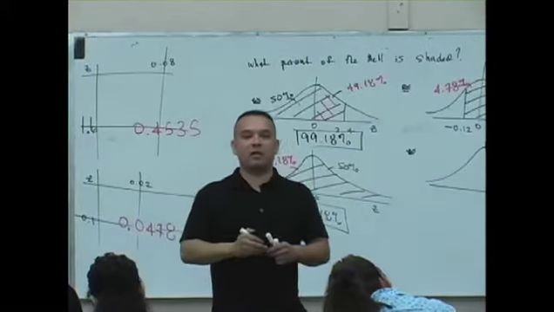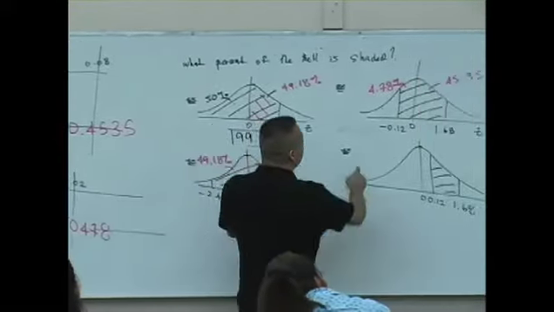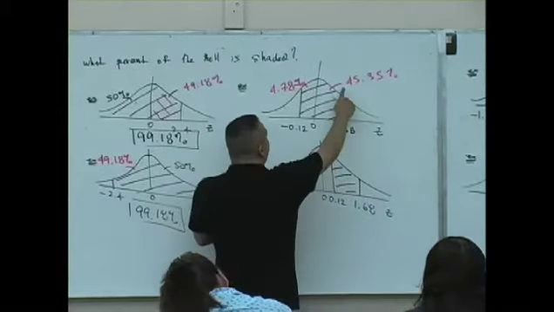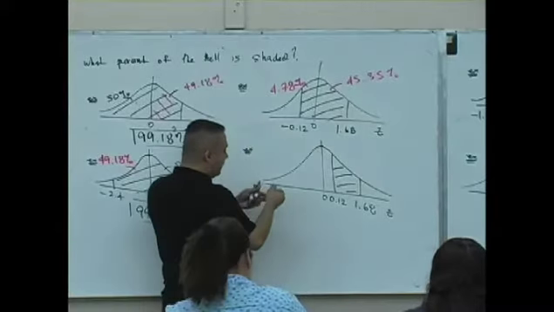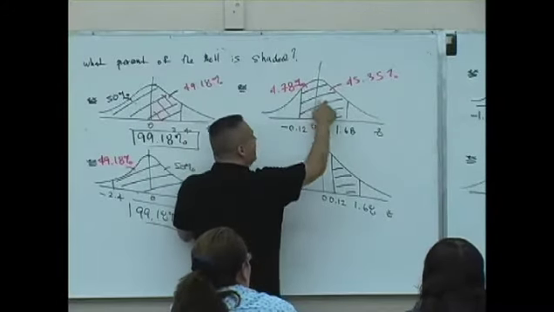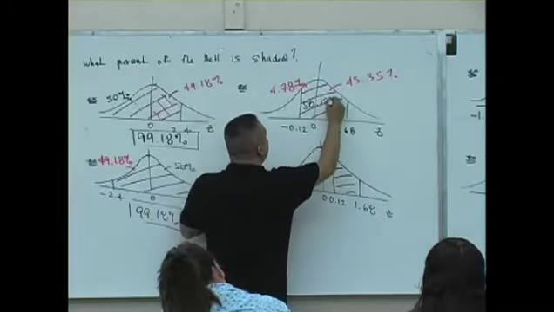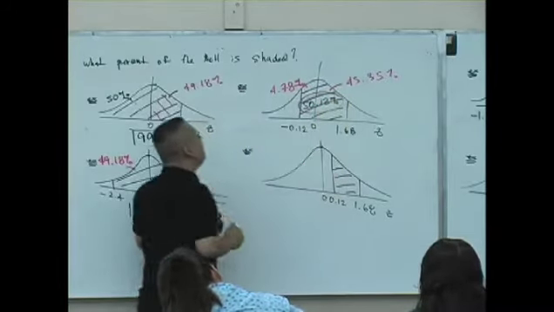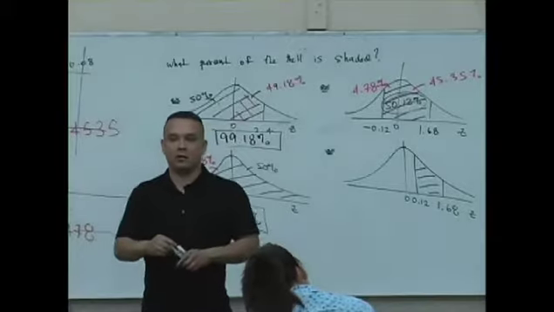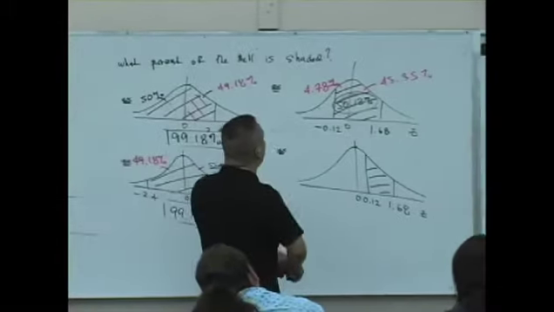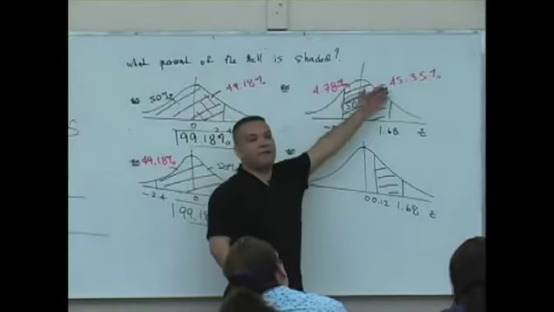What percent of the bell is shaded? You add them. $4.78 is in my left pocket. $45.35 is in the right pocket. What percent of the bell is shaded? 50.13%. This is what you found before.